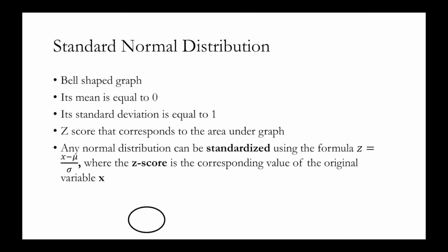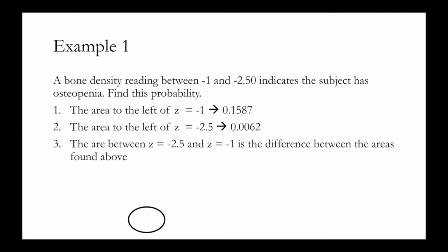And you can standardize the normal distribution using this given formula, x minus mean divided by standard deviation, where the z-score is the corresponding value of the original variable x.